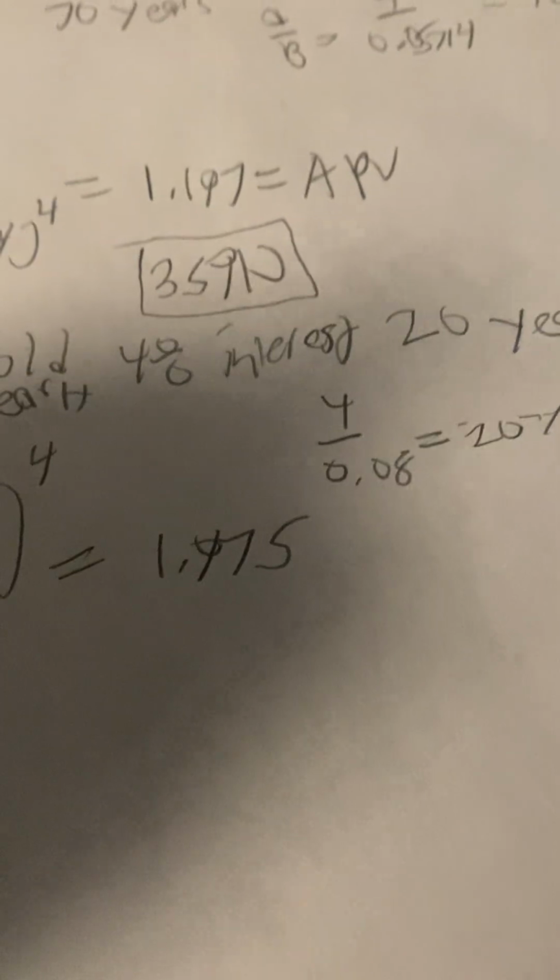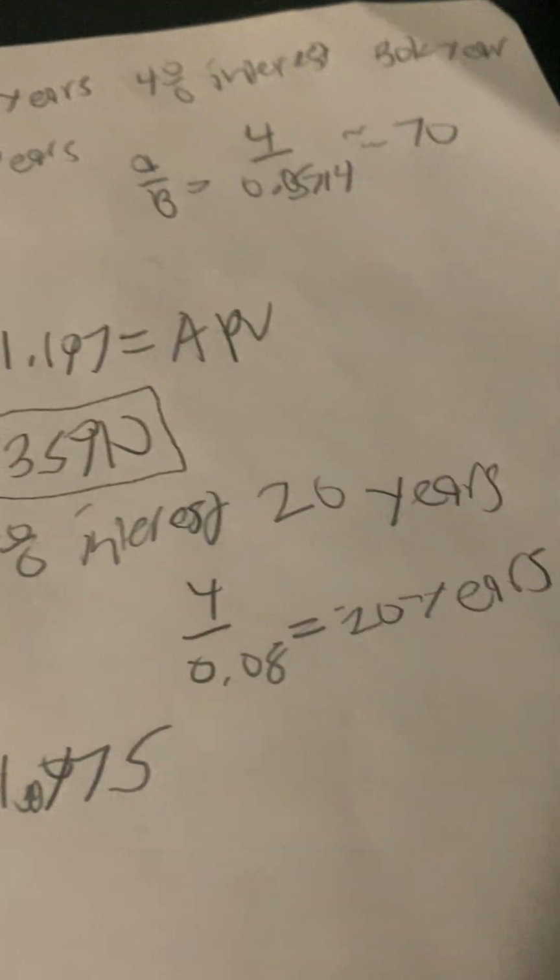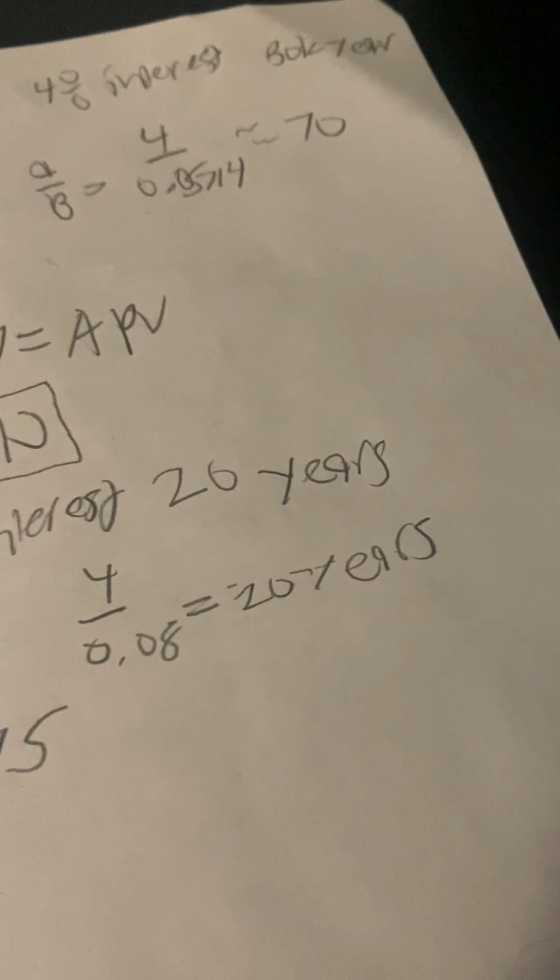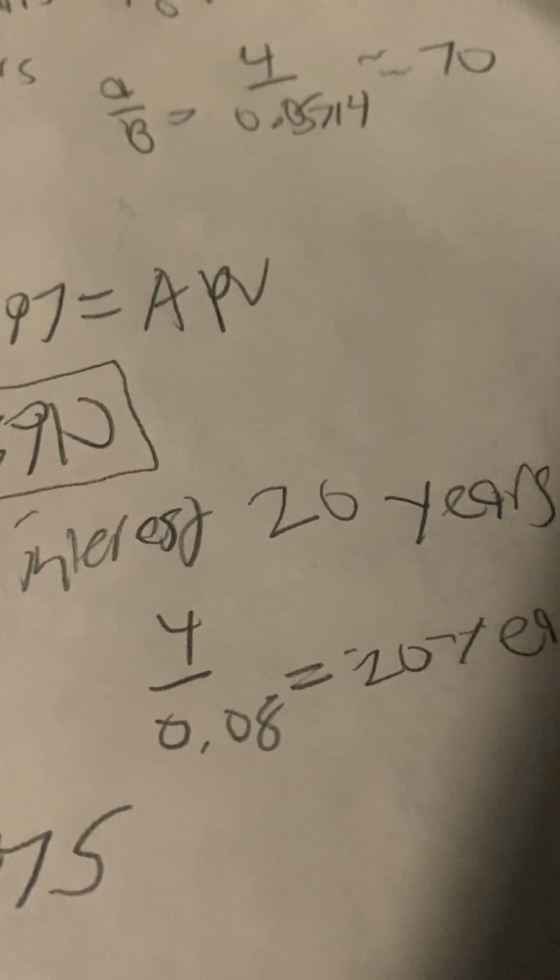Which is equal to about 0.1975. We multiply that by the amount, so 30,000.